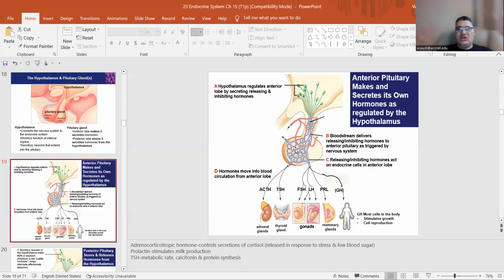I'm not just the president who's just giving orders. No, I'm producing two hormones, ADH and oxytocin. How about the pituitary? The pituitary will say, okay, I am the vice president. If the president is making hormones, I'm going to make my own hormones as well, not just orders, which is prolactin and growth hormone.